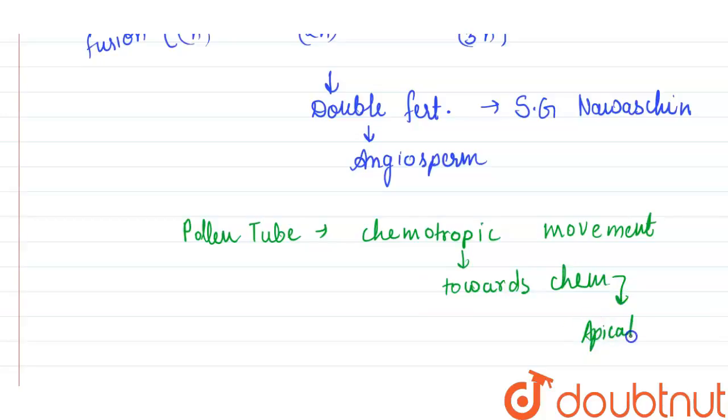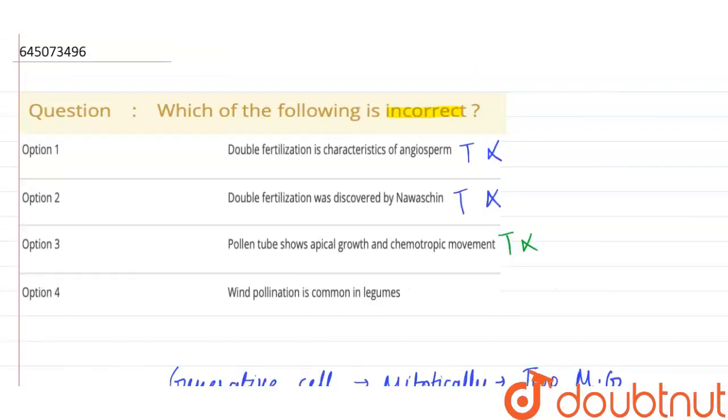Therefore, we can say that this statement is also true here, as pollen tube shows apical growth as well as chemotropic movement.